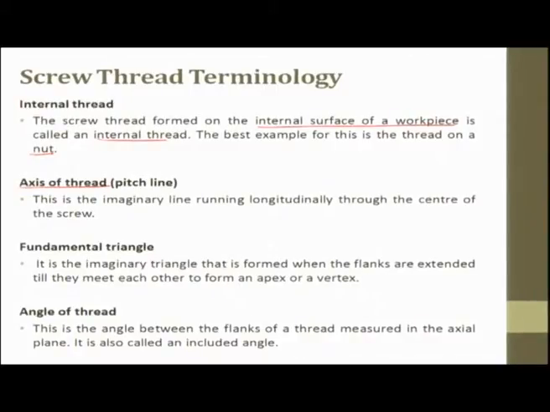Next one is the fundamental triangle. This is the fundamental triangle. It is the imaginary triangle that is formed when the flanks are extended till they meet each other to form an apex or vertex. What will happen generally in a screw thread? It will be something like this. This will be a screw thread, but if you project it, it forms a fundamental triangle.